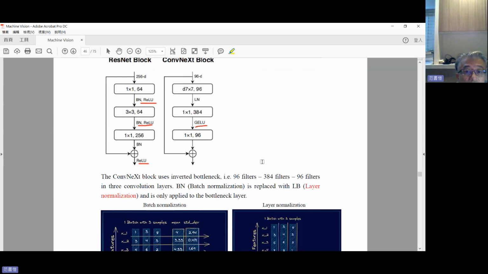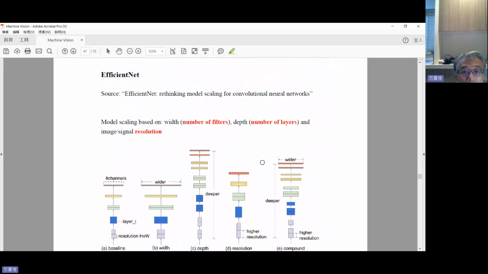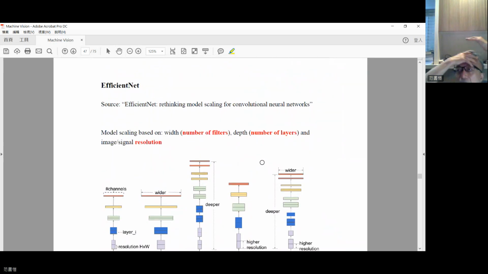And EfficientNet. About 2 years ago, I also tested this EfficientNet, Rethinking Model Scaling for Convolutional Neural Networks. It is computationally efficient.